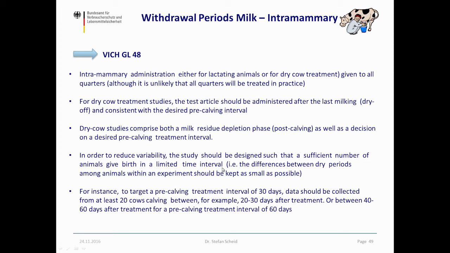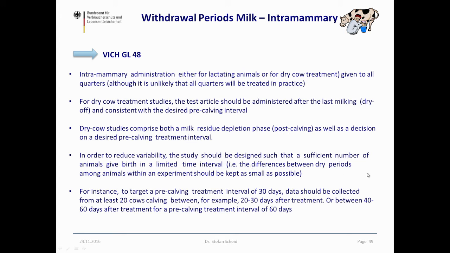So if you want to have a treatment interval before calving, maybe 40 days, you should make sure that a sufficient number of animals give birth 40 days after treatment. Is that correct? Yes, it is correct. We will see later that with the new software, this may not be the perfect approach, but I will talk about this later.